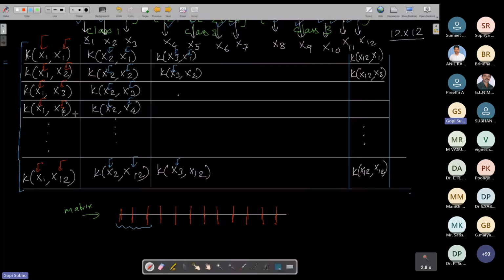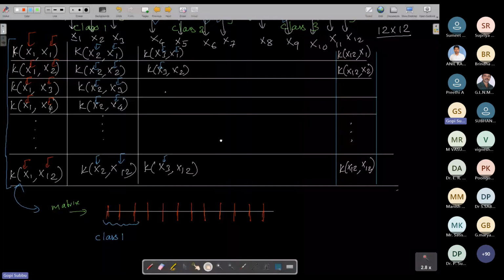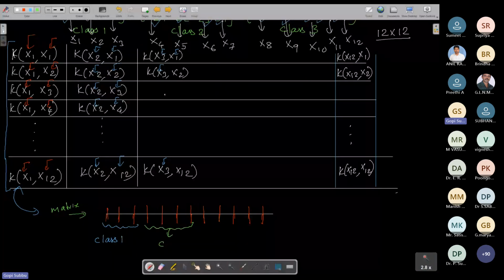So the first 3 columns of this matrix, you have to treat them as the ones belonging to class 1. Okay, and then the next 4 vectors, you have to treat them as belonging to class 2, and the remaining 5 vectors, you have to treat them as belonging to class 3. I hope you got it, right?